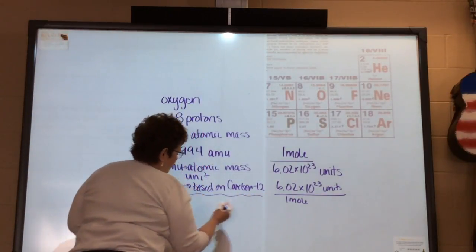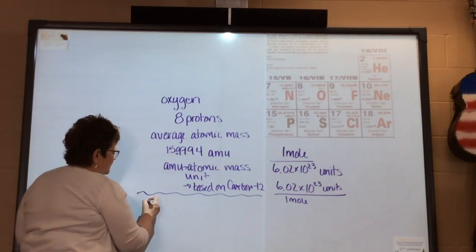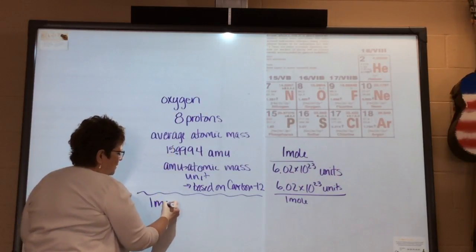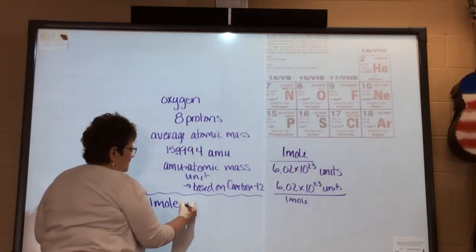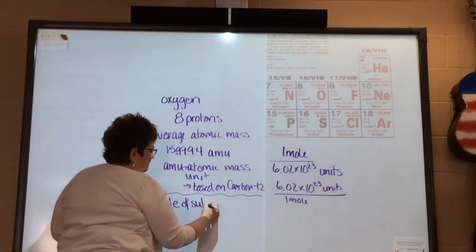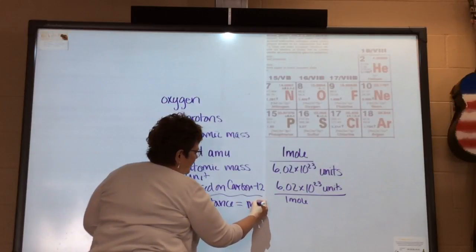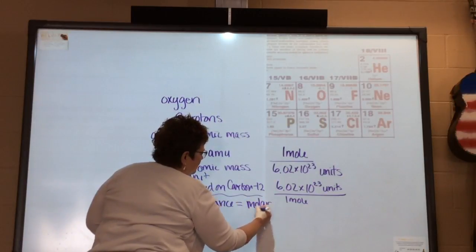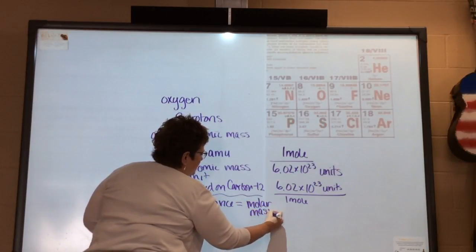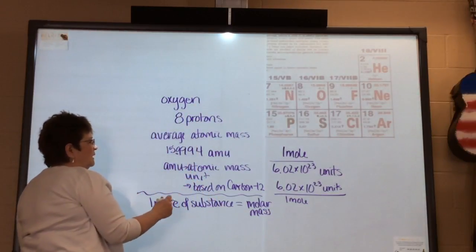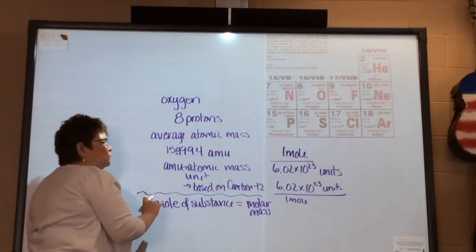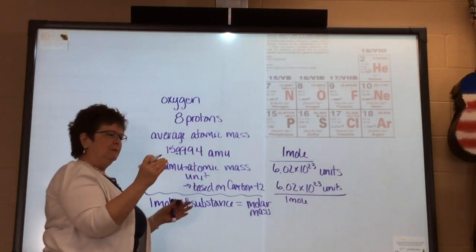Here's another example. The scientists have found out that 1 mole of a substance equals the molar mass. And you're going to ask me, okay, what's molar mass, Mrs. Wells? Molar mass is actually the number of AMUs, but in grams. Do you believe this?